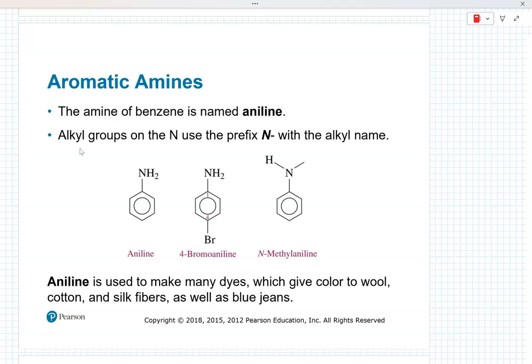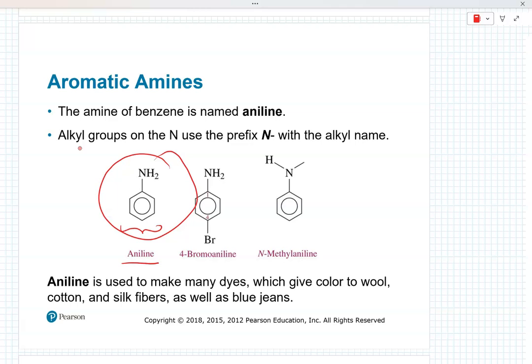So, some amines can be aromatic, which means there's a benzene ring involved. So this is aniline. The aromatic amine that I mentioned before is a dye, right? Now, here's the thing. If you look at this particular molecule, there are 2 kinds of hydrogens.